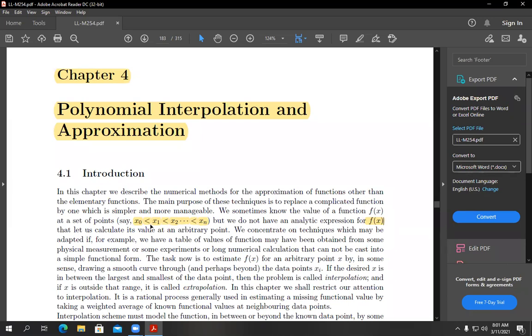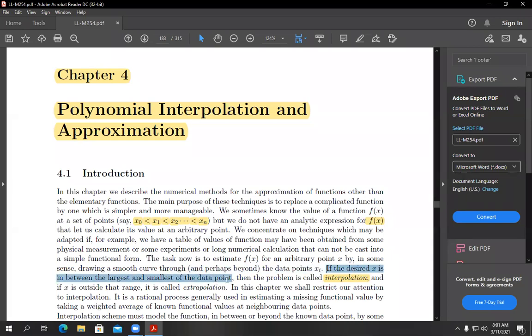So that's our job in chapter number 2. How can we find the value of the function at a point which must be inside the interval x0 to xn? That procedure is called interpolation. That means if the desired x is between the smallest and the largest of the data points, smallest meaning x0, largest meaning xn.